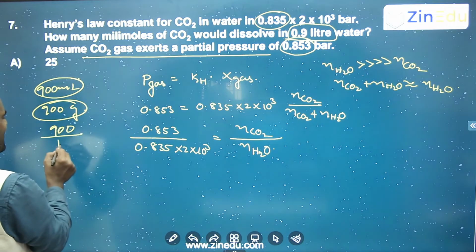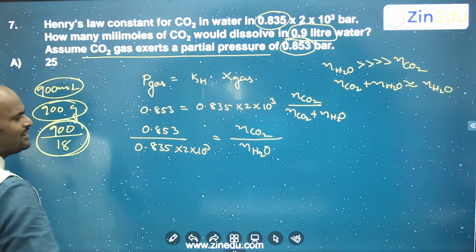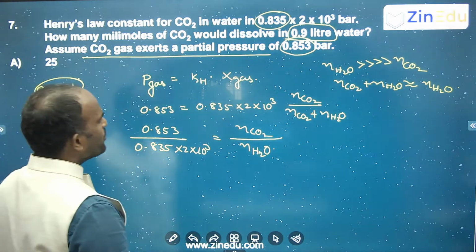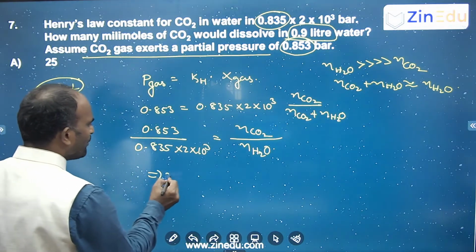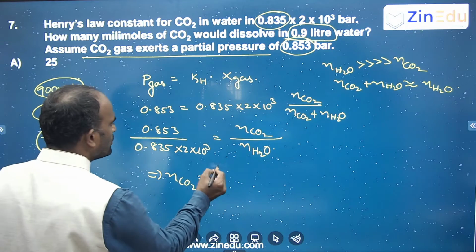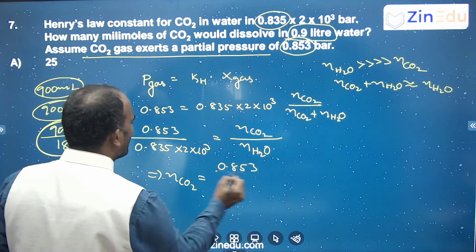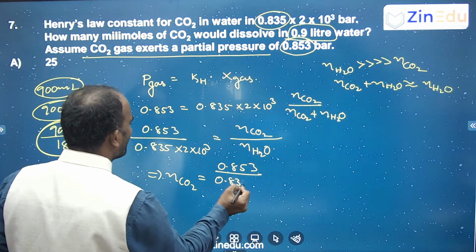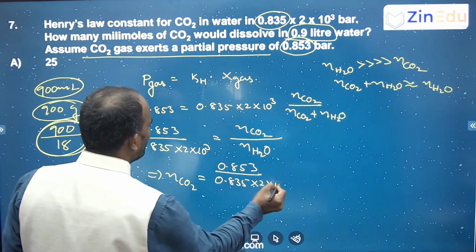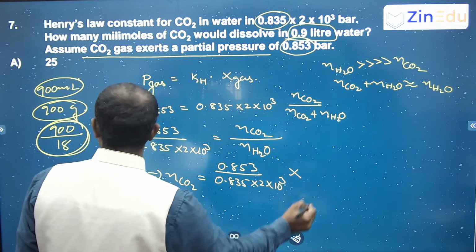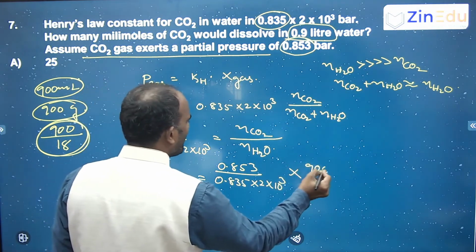900 divided by 18 is the number of moles of water, which implies that the number of moles of CO2 is equal to 0.853 divided by 0.835 into 2 into 10 cube into 900 divided by 18.